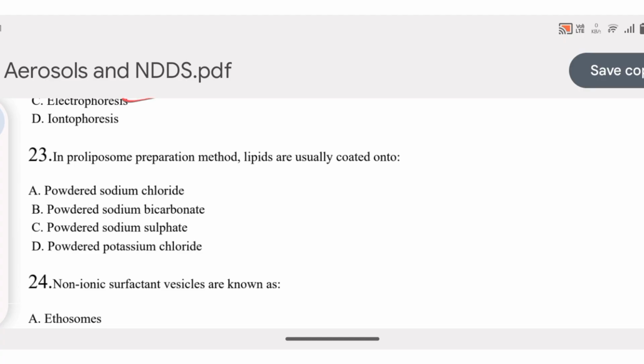In the proliposome preparation method, lipids are usually coated, and it says lipids. The right answer will be powdered sodium sulfate. And why is it so? Because the lipids are coated mainly in the liposome preparation method, which utilizes powdered sodium sulfate.